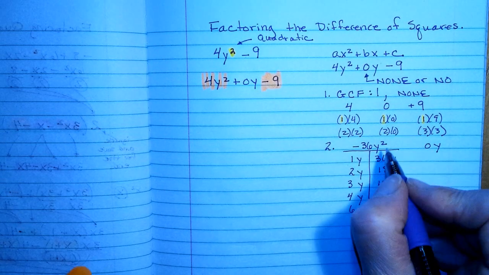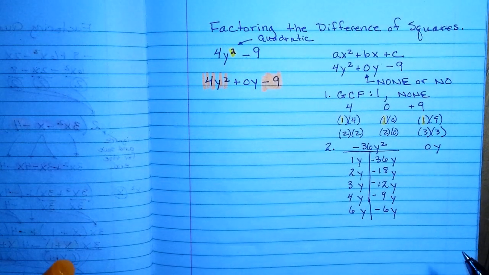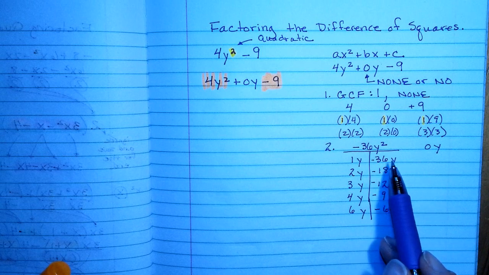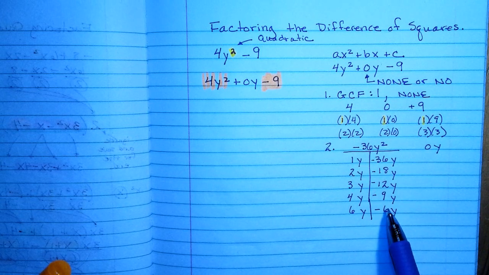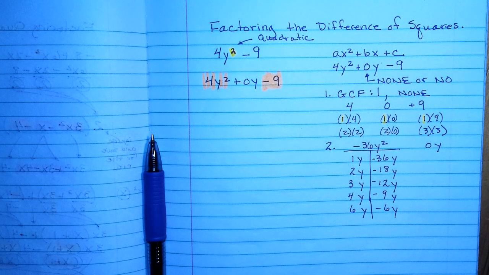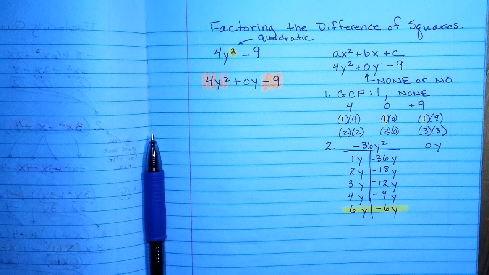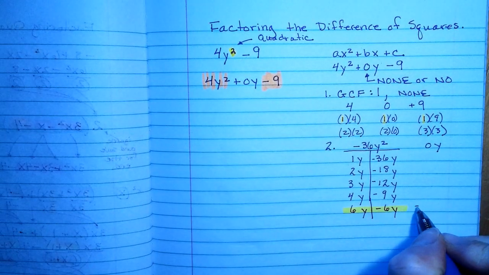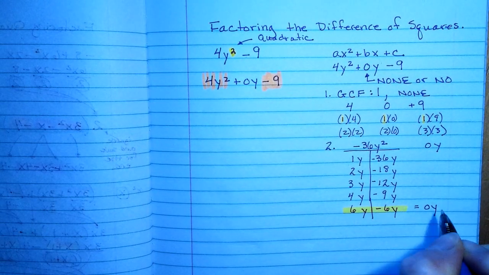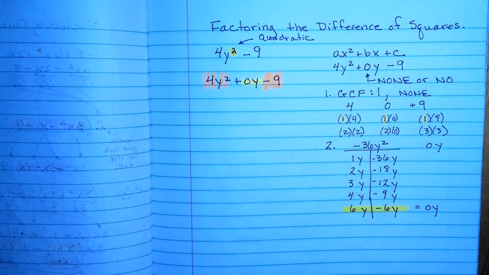I want negative, so I'm simply going to make this column negative. So when I'm looking through, I want to know which factors are going to add up to give me 0. And the ones that add up to give me 0 is 6y minus 6y. That gives me 0y. So that is what I'm going to be replacing this by.